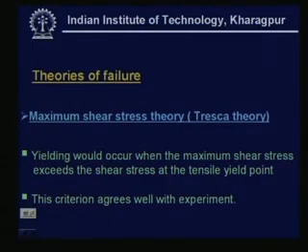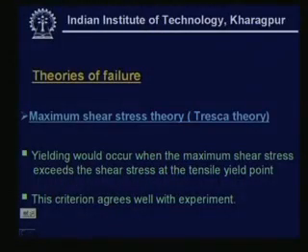While considering the theories of failure, we consider two aspects. One aspect is the failure theories that will primarily be used for the design of machine components built of ductile materials, and we also consider some theories which are quite appropriate for brittle materials.